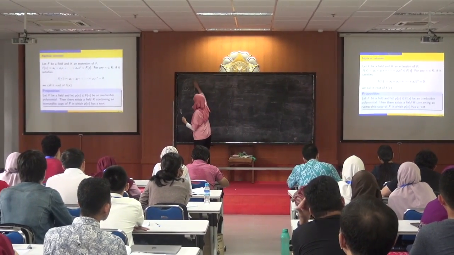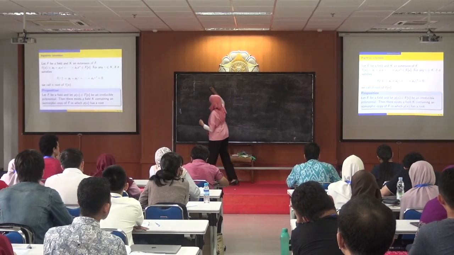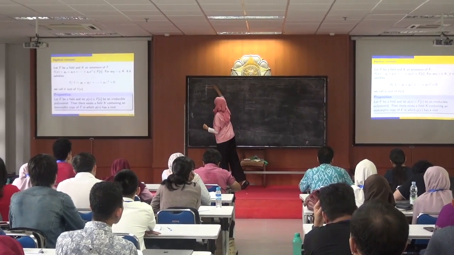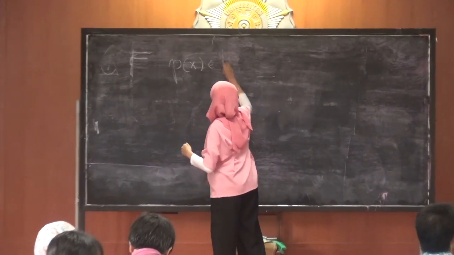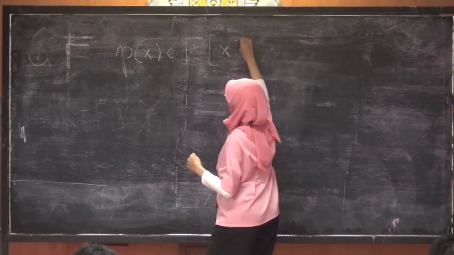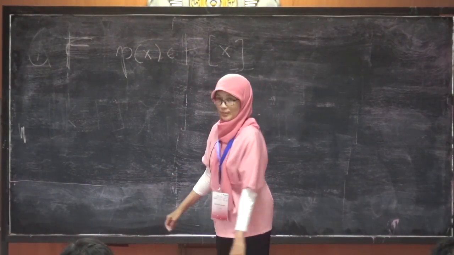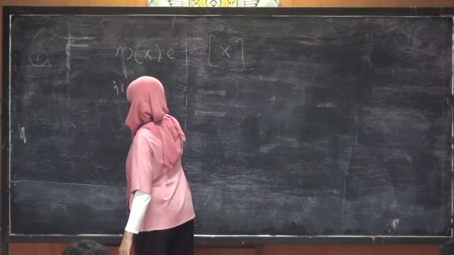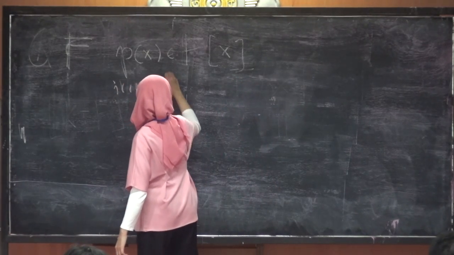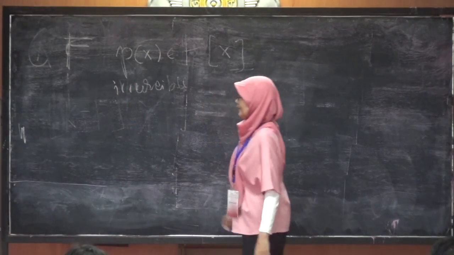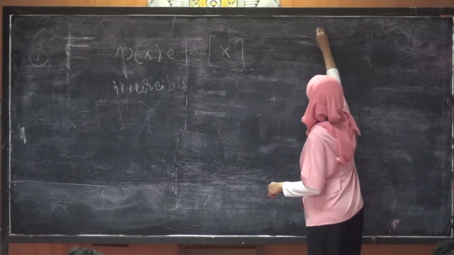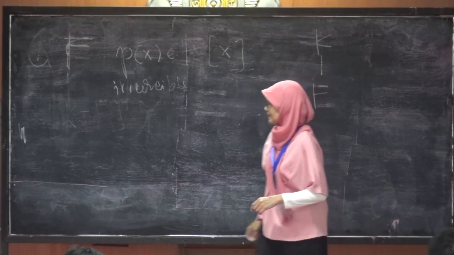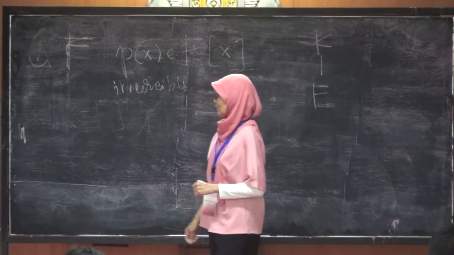So F is a field, and we consider a polynomial in F[x] that is irreducible. Then there exists K, containing an isomorphic copy of F, in which p(x) has a root.